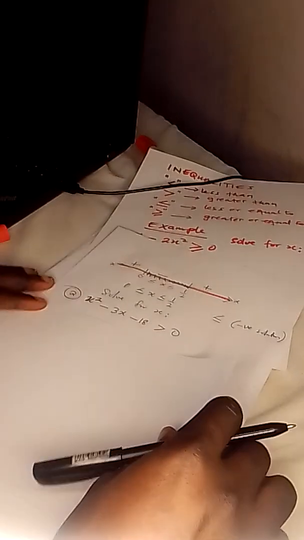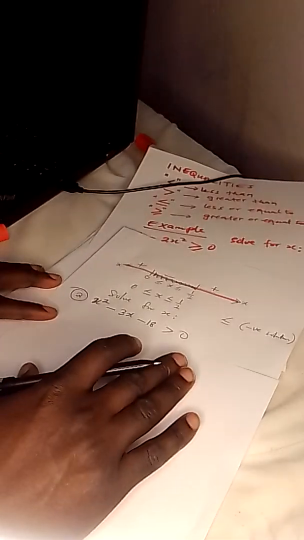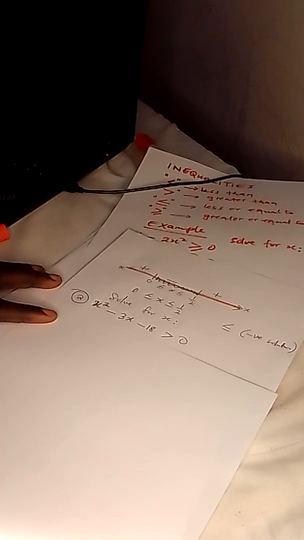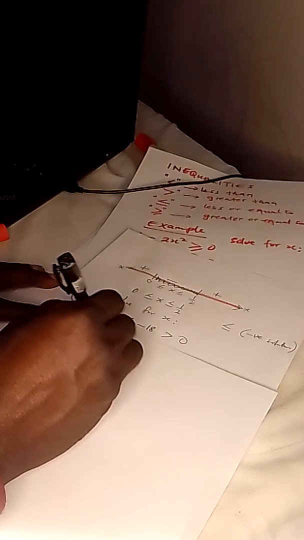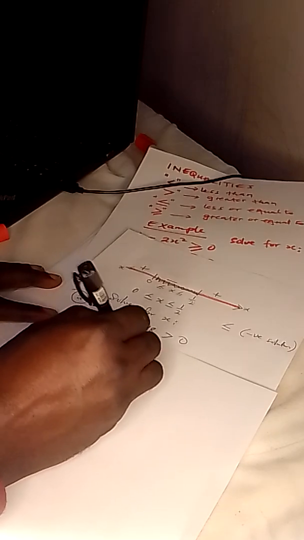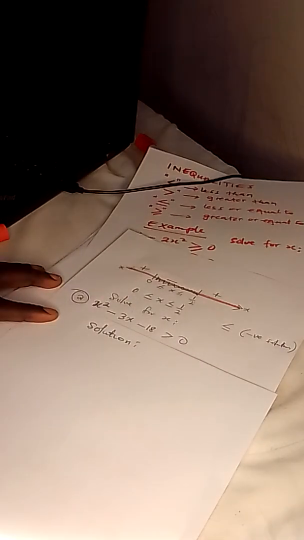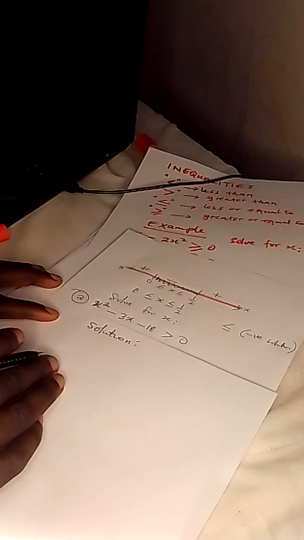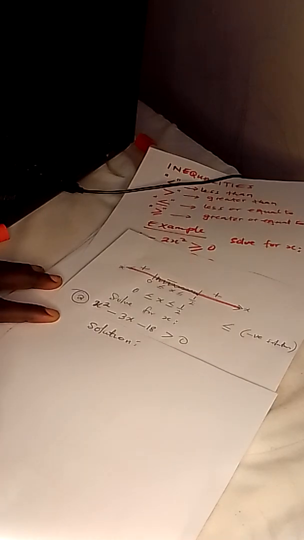So let's see how we go about it. So we got x squared minus 3x minus 18 is greater than 0. In our solution, this is what we do. Now you can use the quadratic formula, especially those of you who are struggling to solve the questions. You can use the quadratic formula.